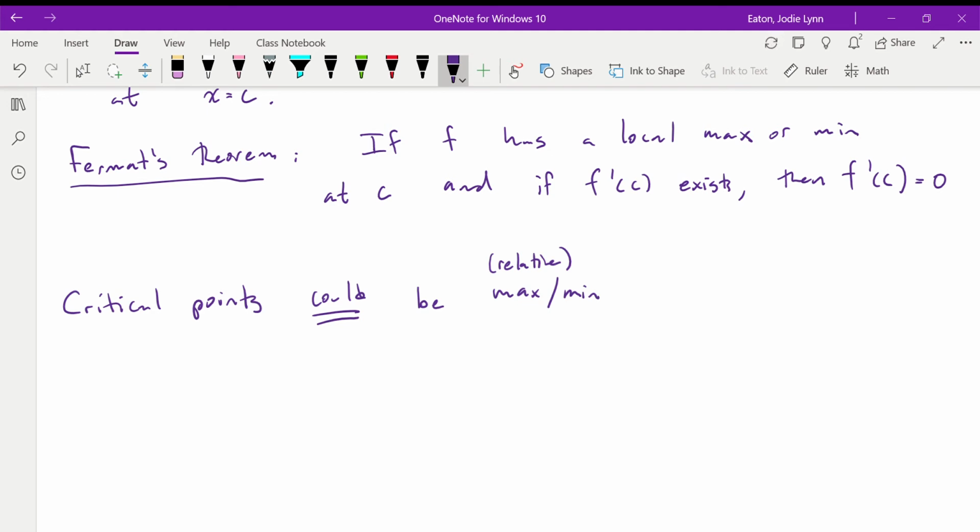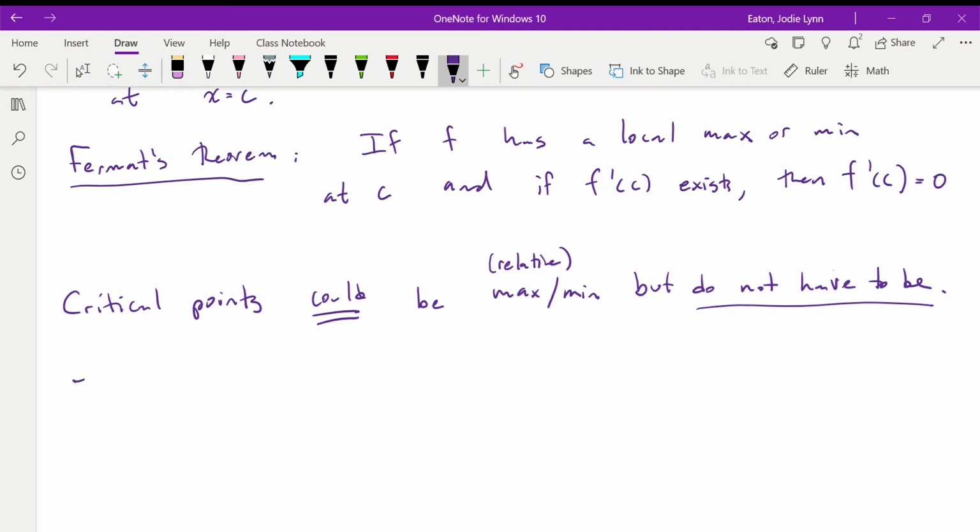But they do not have to be. So they're not required, but they could be. So a critical point is not necessarily going to be a max or a min.